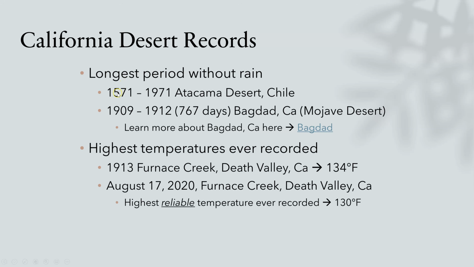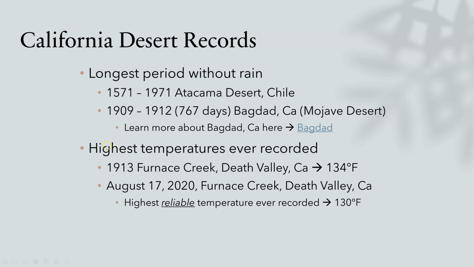From 1571 to 1971, in Chile, their desert had a really long period, almost 400 years of no rain. And then from 1909 to 1912 is the longest we've seen in the Mojave Desert in Baghdad, California.